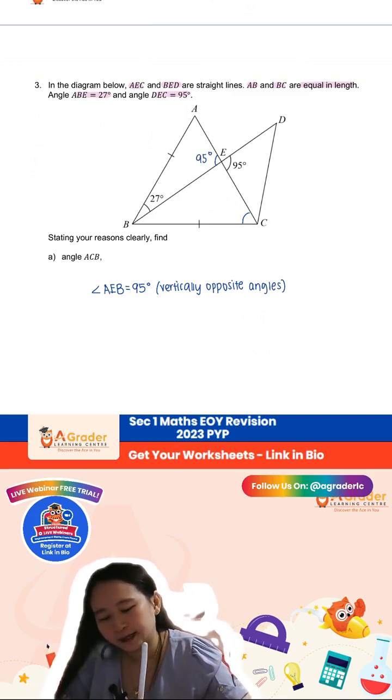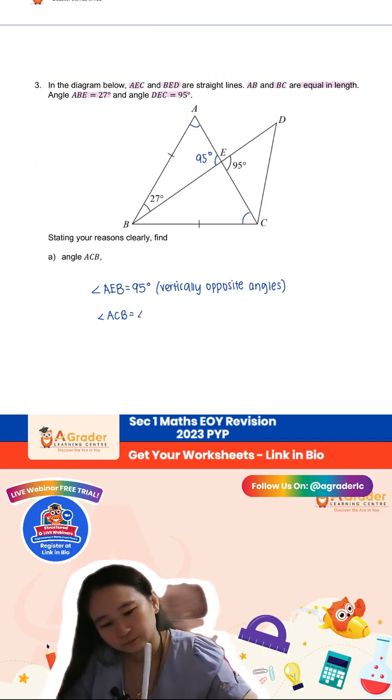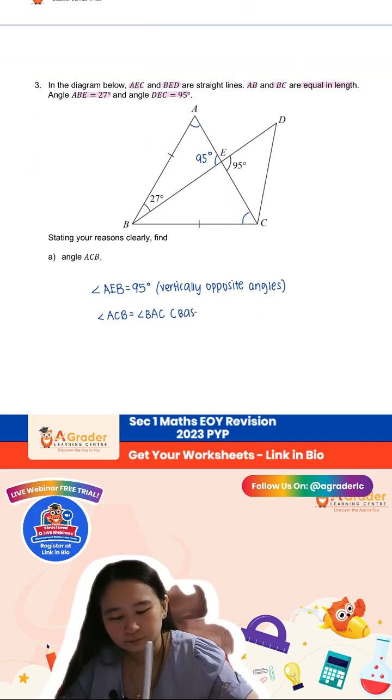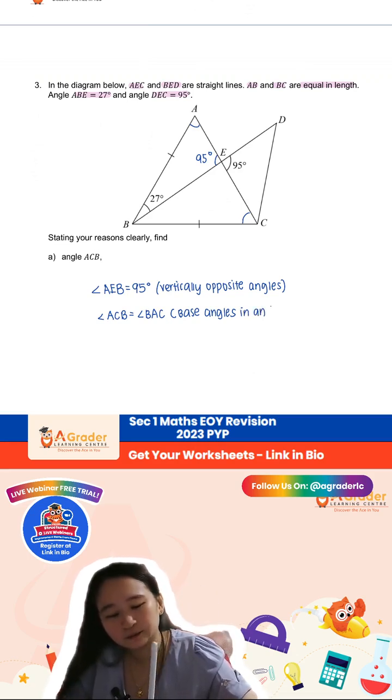So when they are asking for angle ACB, it's actually equal to angle BAC, as they are the base angles in an isosceles triangle.